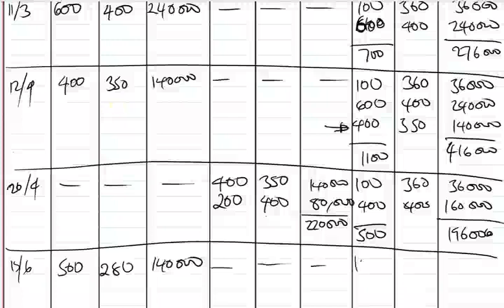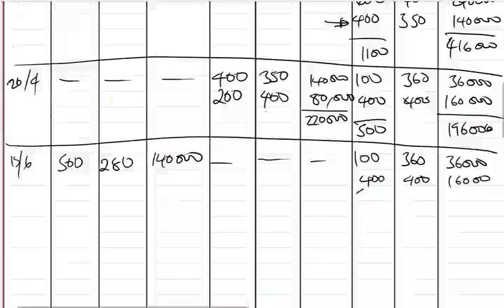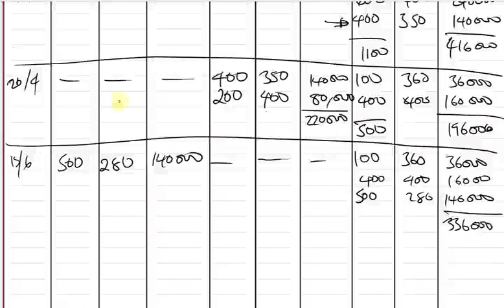That means the balance is going to be 100 at 360, that's 36,000. 400 at 400, that's 160,000. Then 500 at 280, which is 140,000. If we add this up, we should find 336,000. If you add this up, we should find 1,000 units. We can close that one up.